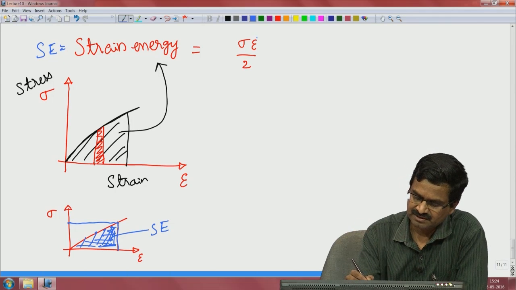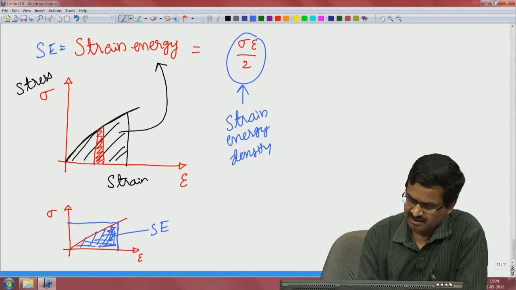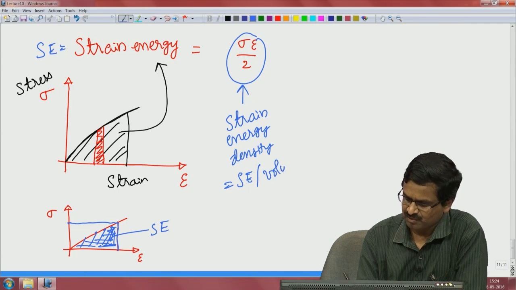So, this thing is actually strain energy density, meaning it is SE per unit volume.